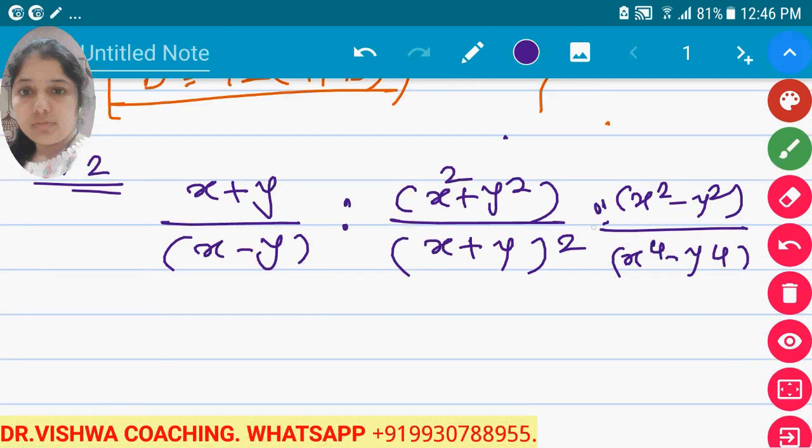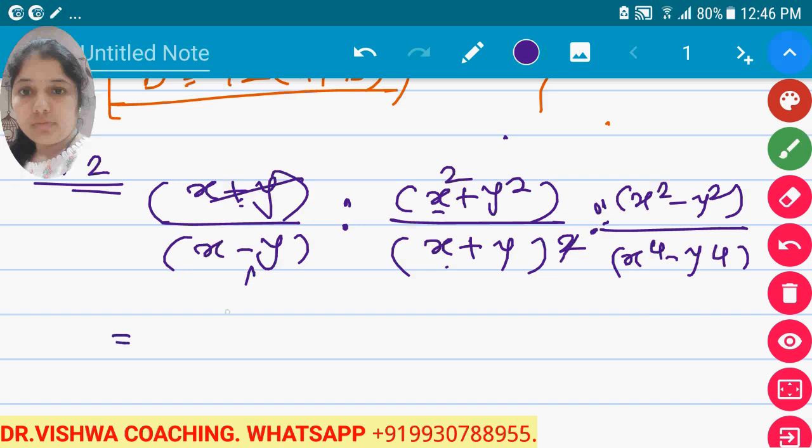Now they are in proportion, I just write them in proportion form. We can use the property that if we multiply the antecedent and consequent across, the value remains unchanged, so we can cancel them. So this (x plus y) will get cancelled with this (x plus y).